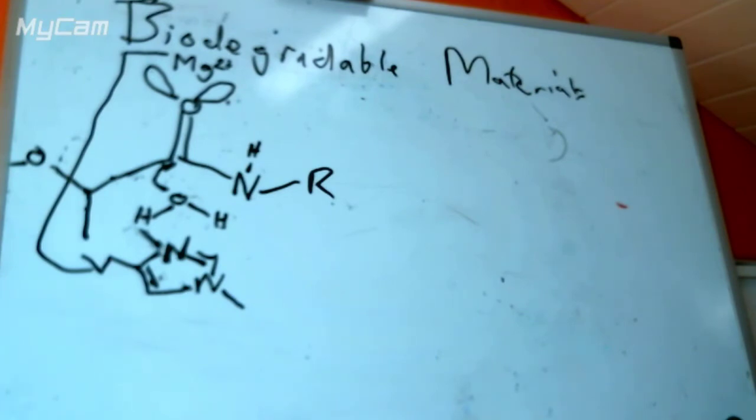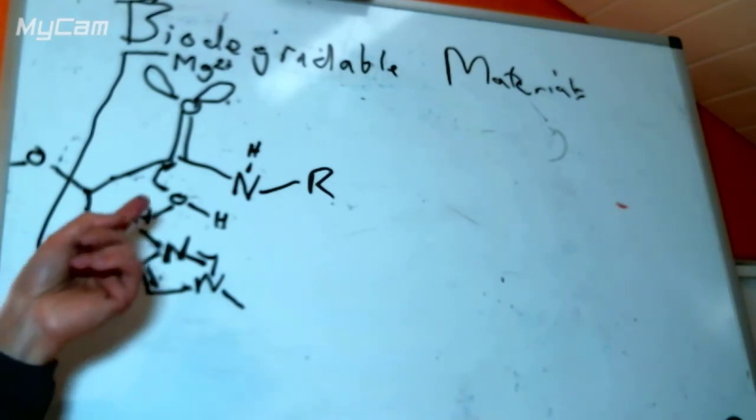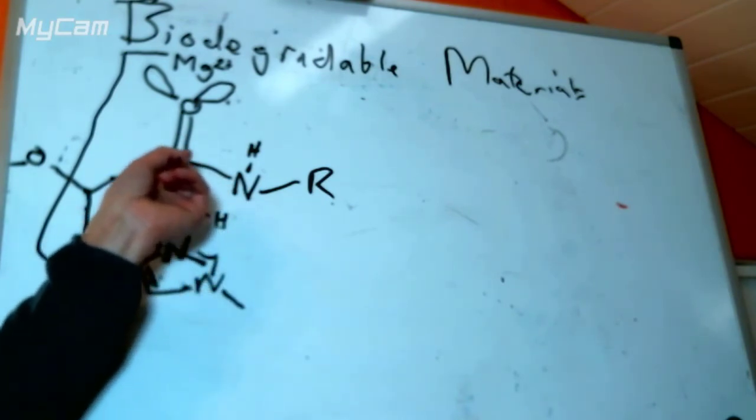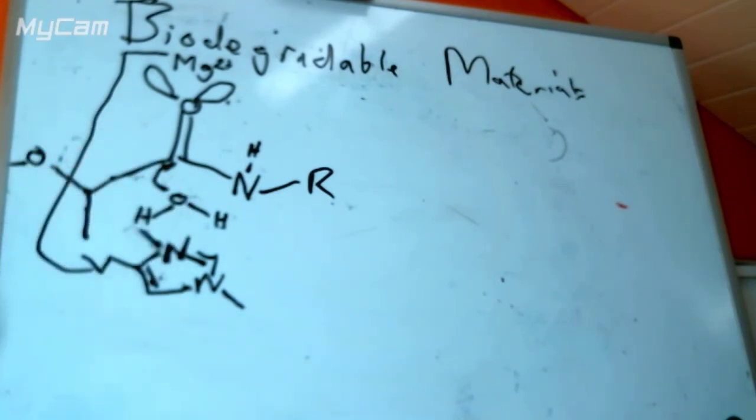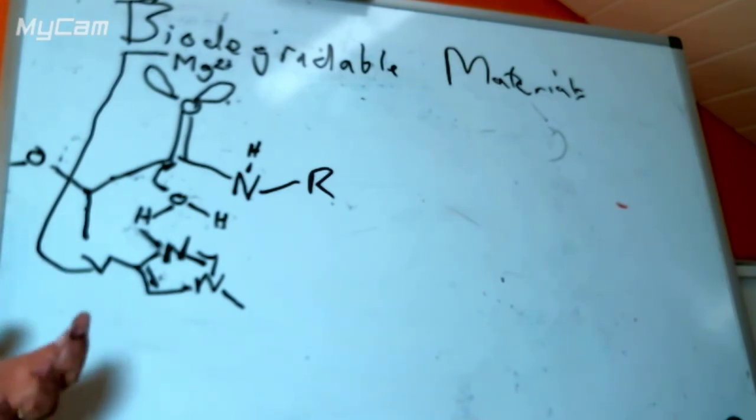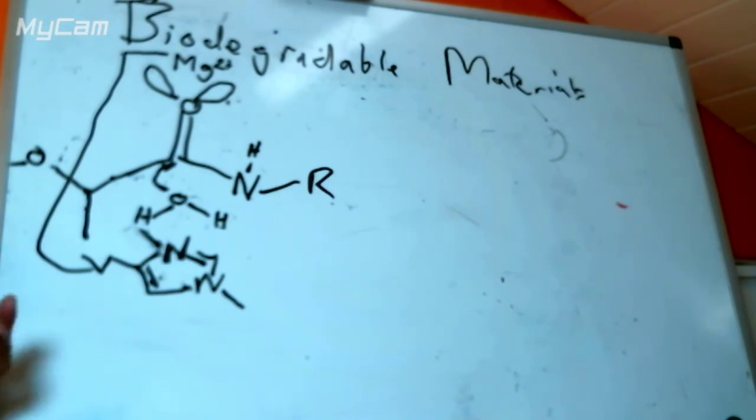We gloss over the fact that when we eat food, we're eating very, very many different bonds of these amides, so of amide groups, maybe some ester groups from sugars, and our digestive system has to deal with that. It doesn't make millions of different types of enzymes to break down specific things.